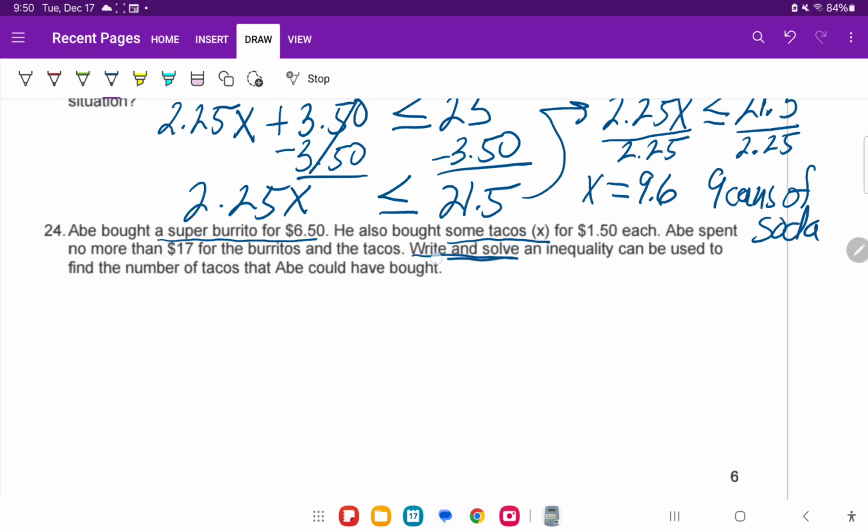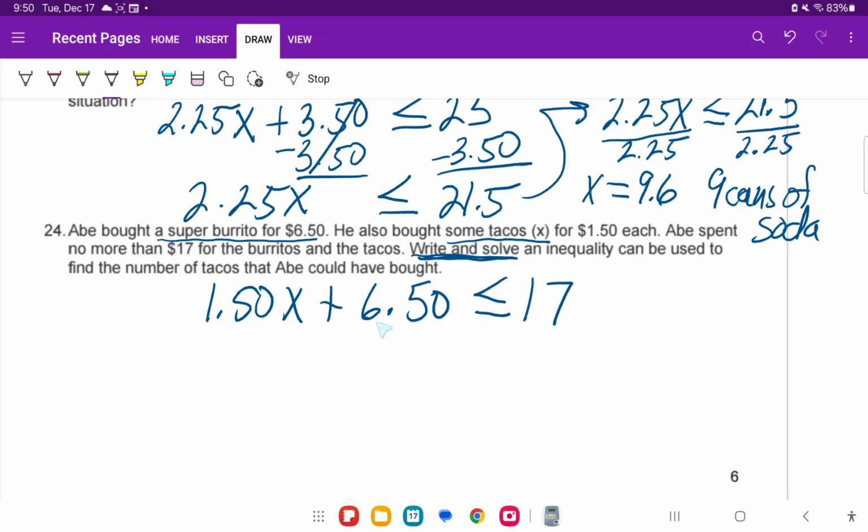So we're going to do $1.50 times the number of tacos plus that singular super burrito, and all together that has to be less than or equal to $17. So again, $1.50 times the number of tacos plus $6.50 for that one single burrito.